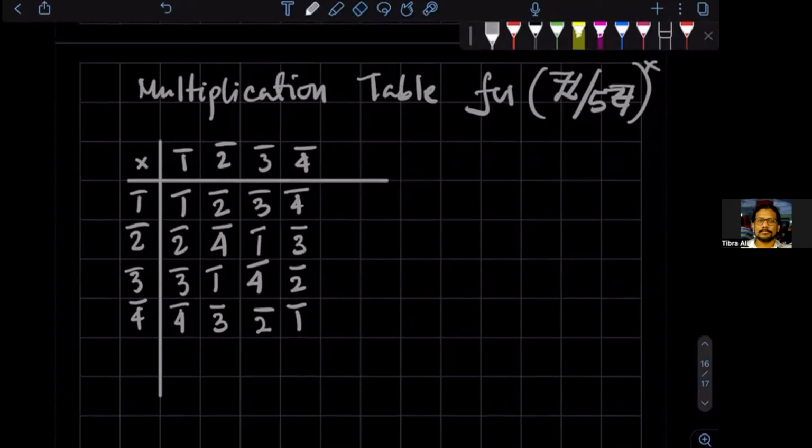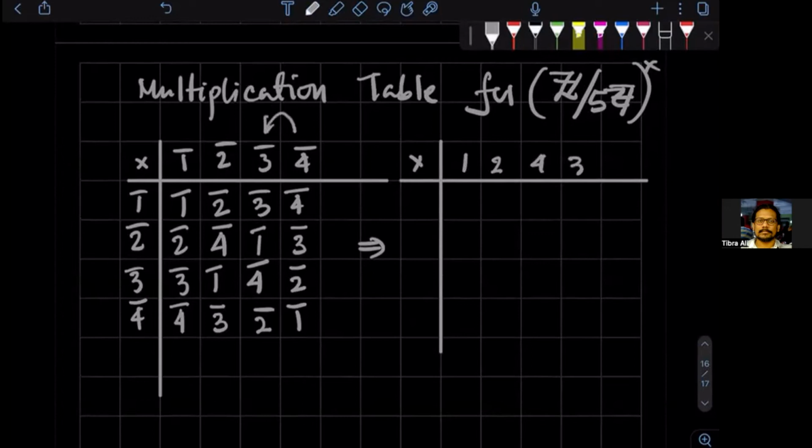So we can write this as, say, 1, 2, 4, 3. So what I'm doing is that I'm just exchanging this row with this column. And I will also exchange these 2 columns and these 2 rows, okay?